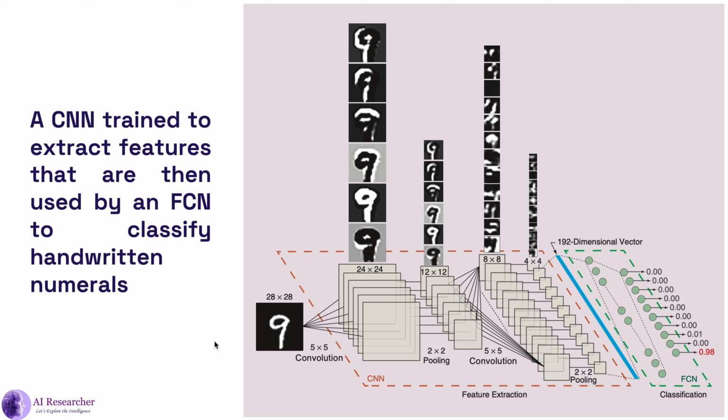So the first layer is the input layer: the original image of the handwritten number, which is 28 by 28 pixels. The next are the convolutional layers. These layers apply various filters to the input image to create feature maps that capture specific aspects of the image such as edges, curves, borders, etc.